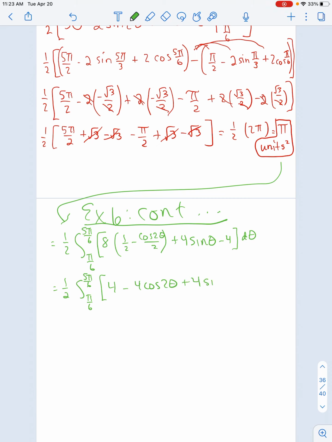So this is 4 minus 4 cosine 2 theta plus 4 sine theta minus 4 d theta. And so the 4 and the negative 4 go away.